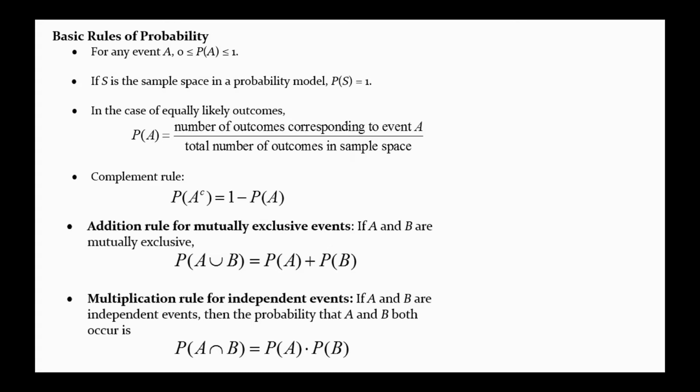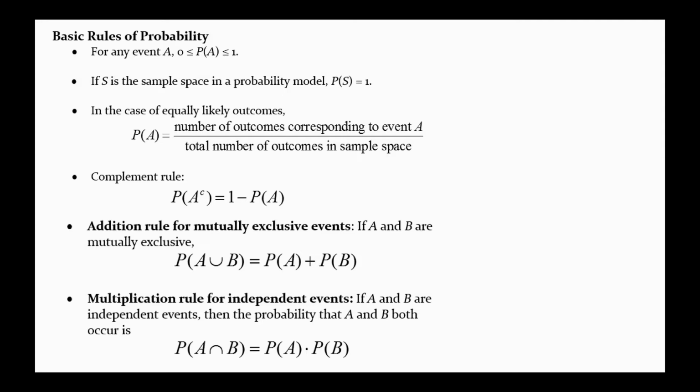That means it can't be a negative probability and it can't be over 100%, right? It has to be something between 0 and 1 as a decimal, or 0 and 100% as a percent. That's all it says. Kind of common sense, right?